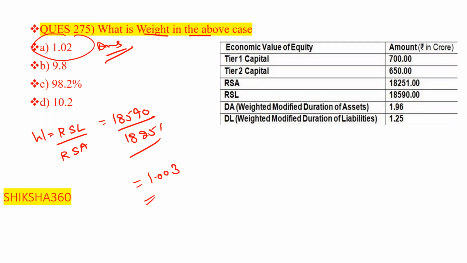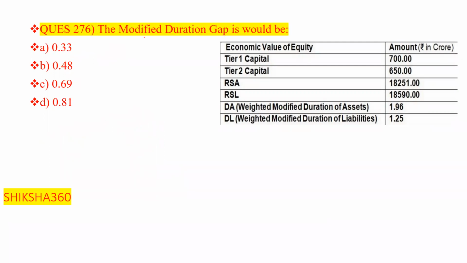Now next, we have to calculate the modified duration gap. What is the formula of the modified duration gap? Modified duration gap is equal to dA minus W into DL. Clear?